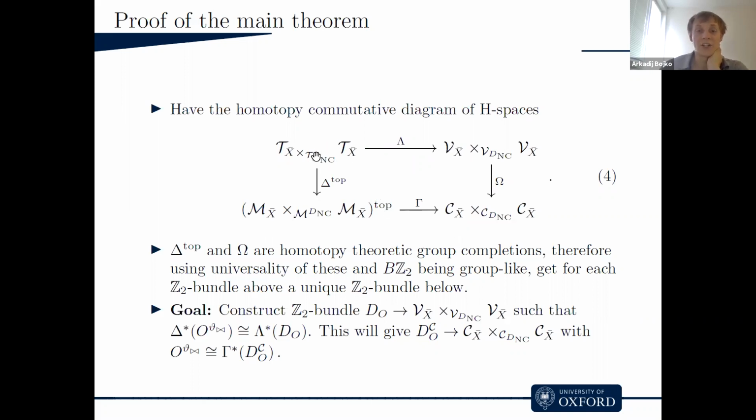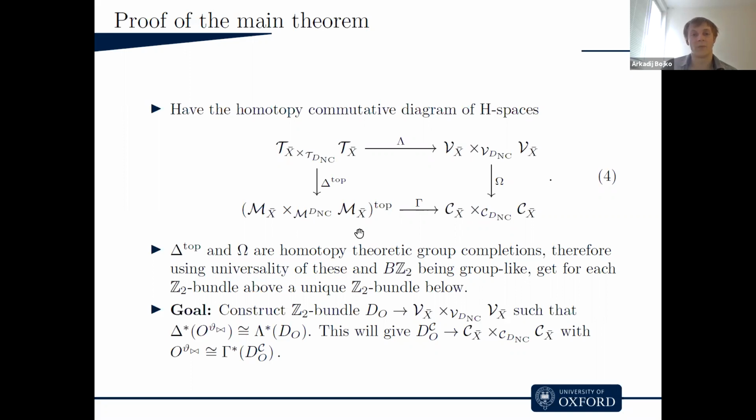And additionally, I didn't mention this, but these are the homotopy theoretic group completions, this omega and delta. And because of them being universal, and the classifying space of Z2, every map into BZ2 is equivalent to having a Z2 bundle.